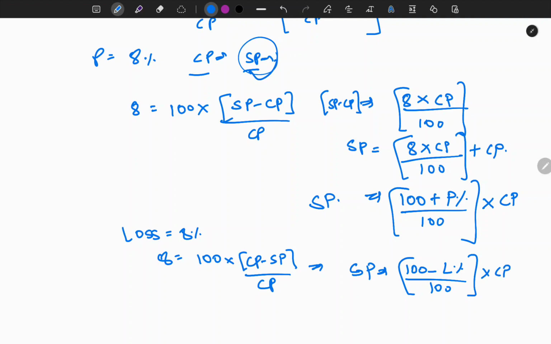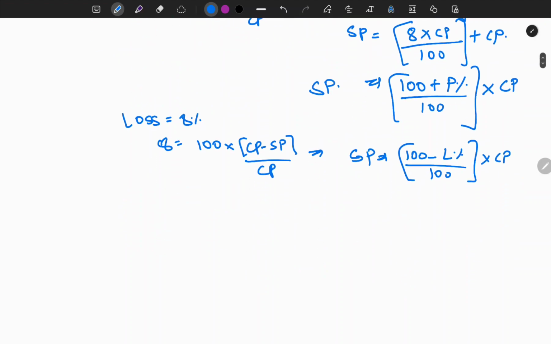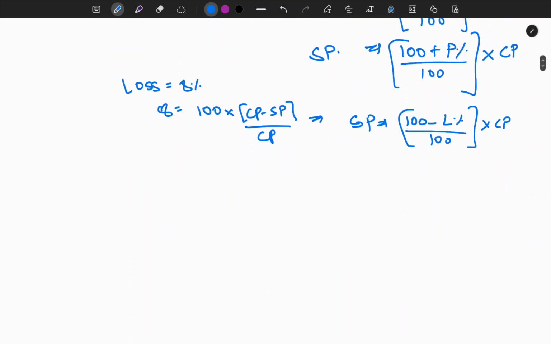So yeah, that is how you will go about this. If you cross multiply all of this, you can actually derive your cost price out of all of these formulae. So essentially, I'm just going to summarize all the formulae here.